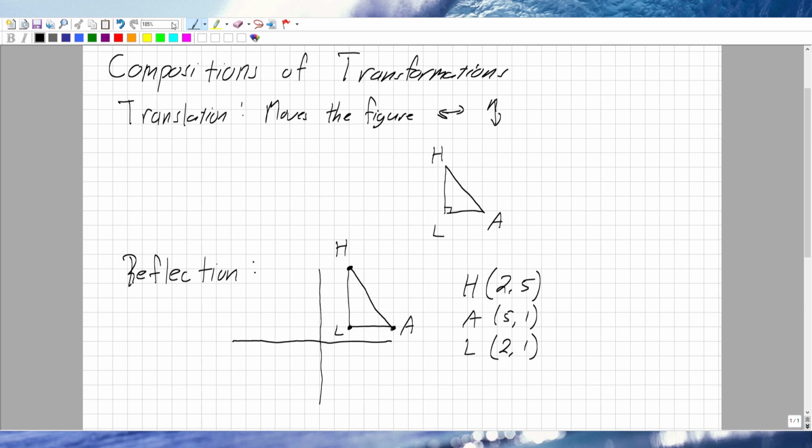Now let's say for a moment that we reflect Hal over the y-axis. So this guy right here, we reflected over the y-axis. When we did that, we created a new Hal where every point was equidistant from the edge of the line. So see how this is 2 points away on the right? Now it'd be 2 points away onto the left.